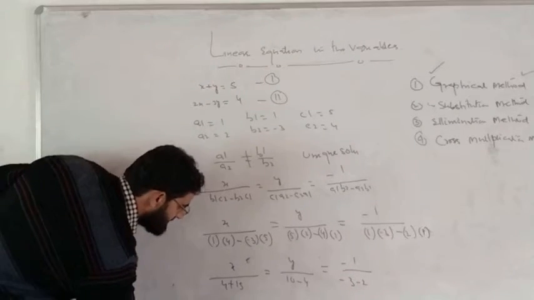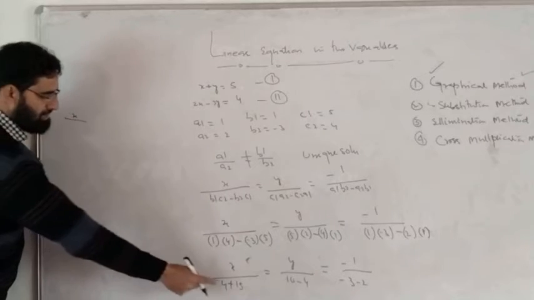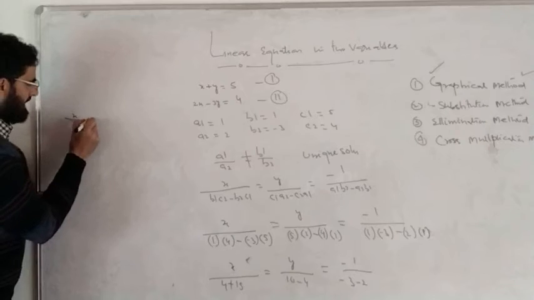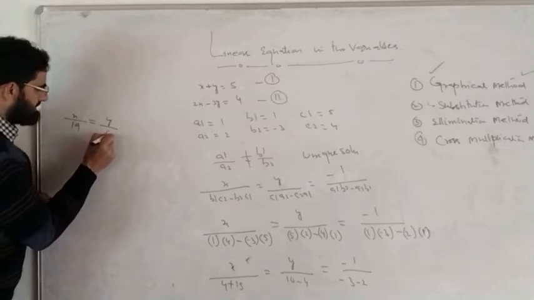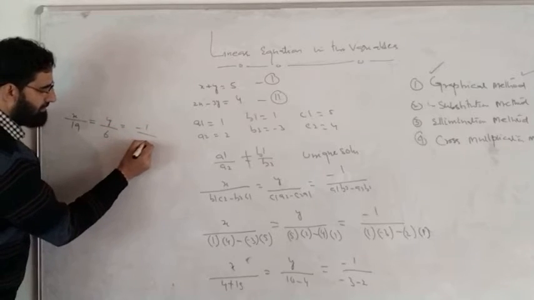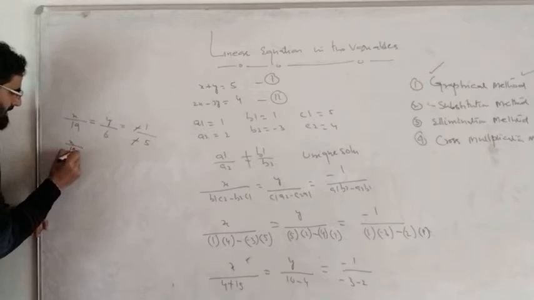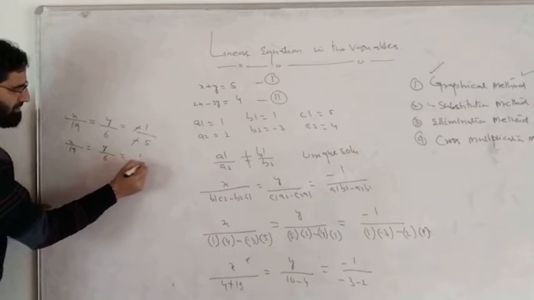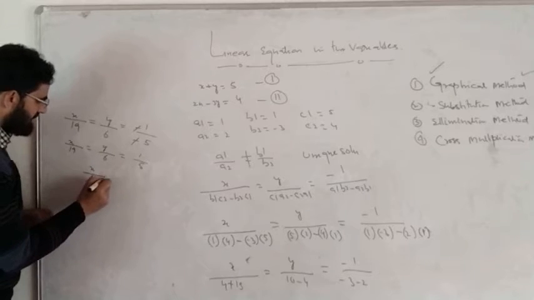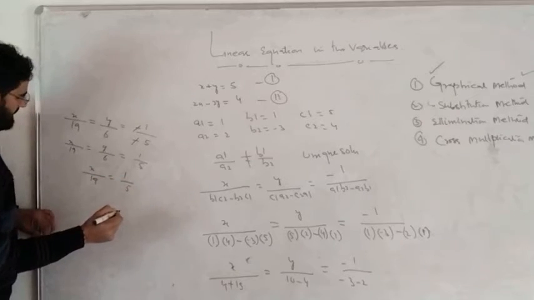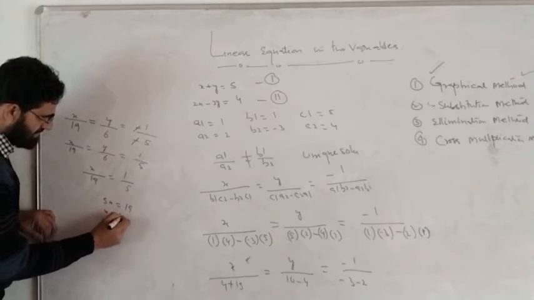So x divided by 4 plus 15 is 19, is equal to y divided by 10 minus 4, it is 6, is equal to minus 1 divided by minus 5, minus and minus cancel, and we are left with x divided by 19 is equal to y divided by 6 is equal to 1 divided by 5. So x divided by 19 is equal to 1 divided by 5. 5 into x is 5x is equal to 19. What is x? x is 19 divided by 5.